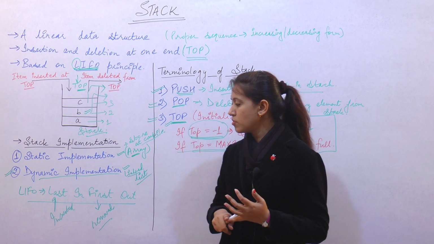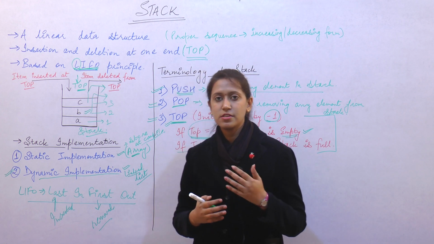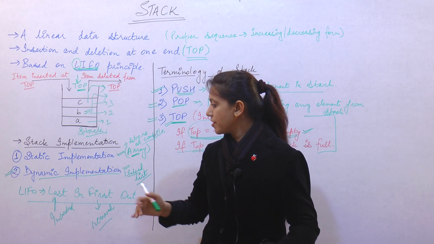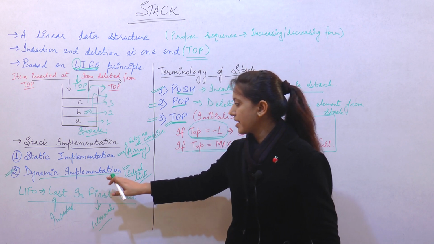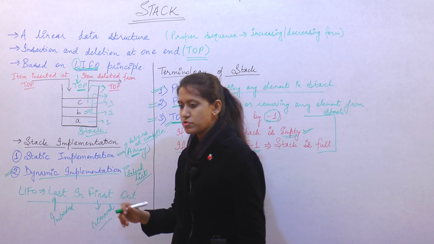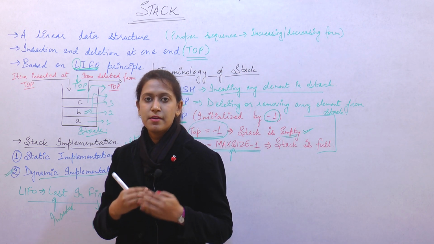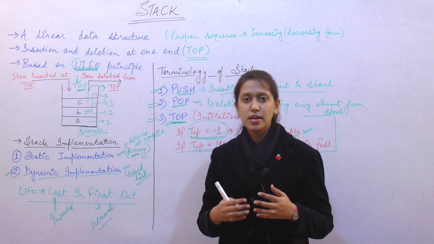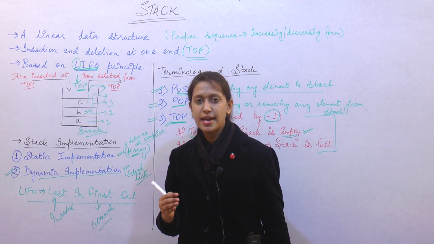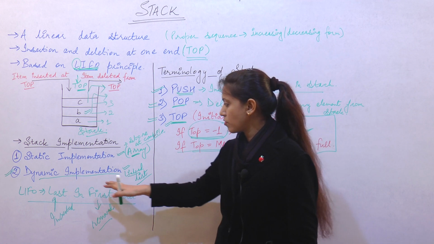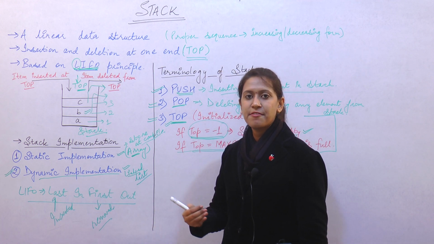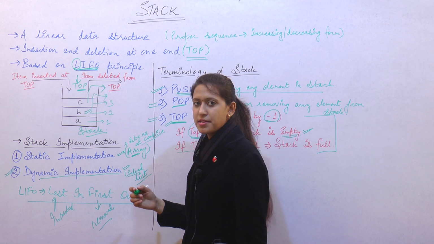To remove this disadvantage, we used dynamic implementation. In dynamic implementation a linked list is used, for which we declare memory at runtime. It mainly benefited us by not wasting memory.